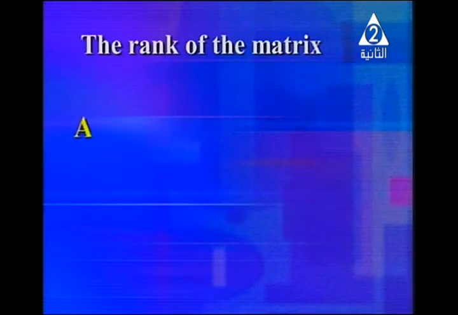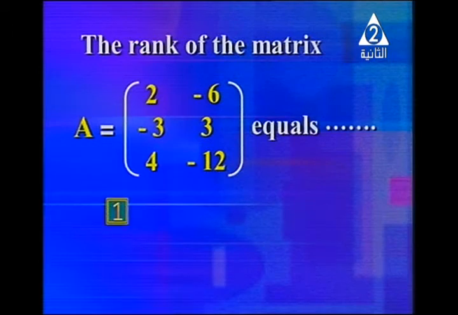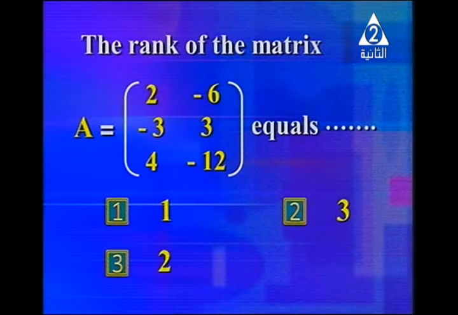The rank of matrix A, 2, -6, -3, 3, 4, -12 equals what? First rank 1, 3, 2 or 0. What is the rank? Dear student, we have the matrix 2, -6, -3, 3, 4, -12.